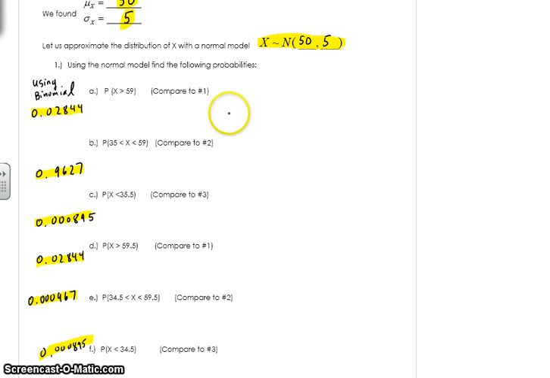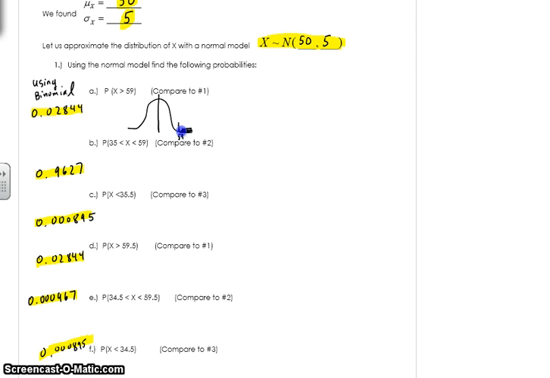Okay, so with the first one, we're finding the probability that x is greater than 59, and we're using a normal model. So this normal model has a mean of 50. So 59 is going to be about right here. It's a little bit less than 2 standard deviations. Actually, 59 is further. Let me redraw that. So 59 is somewhere out here.